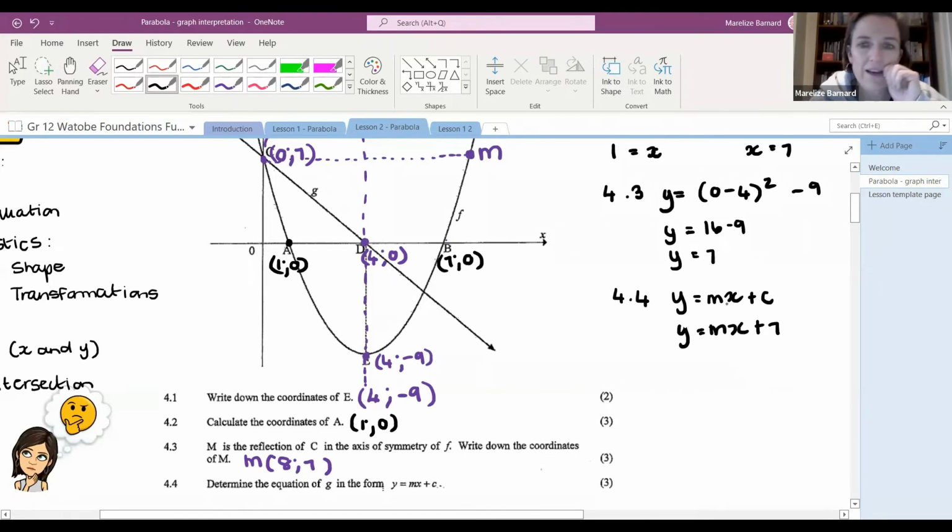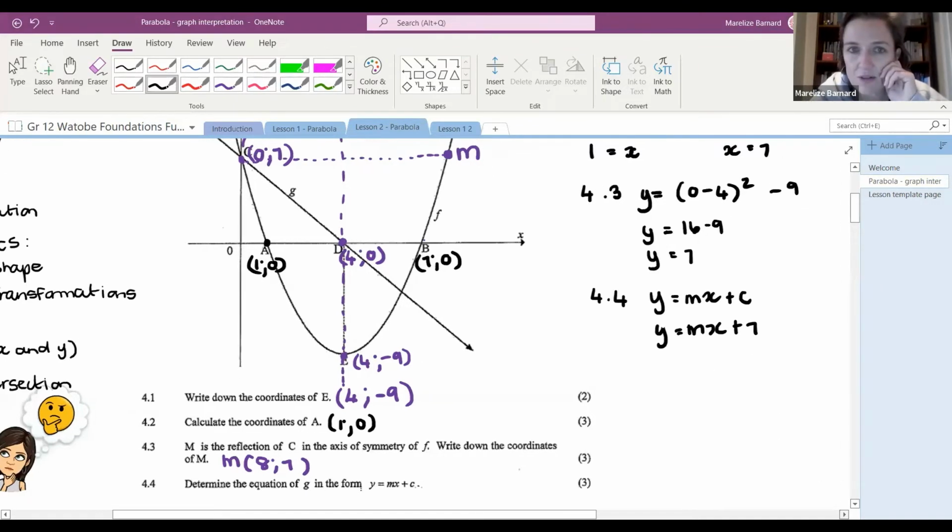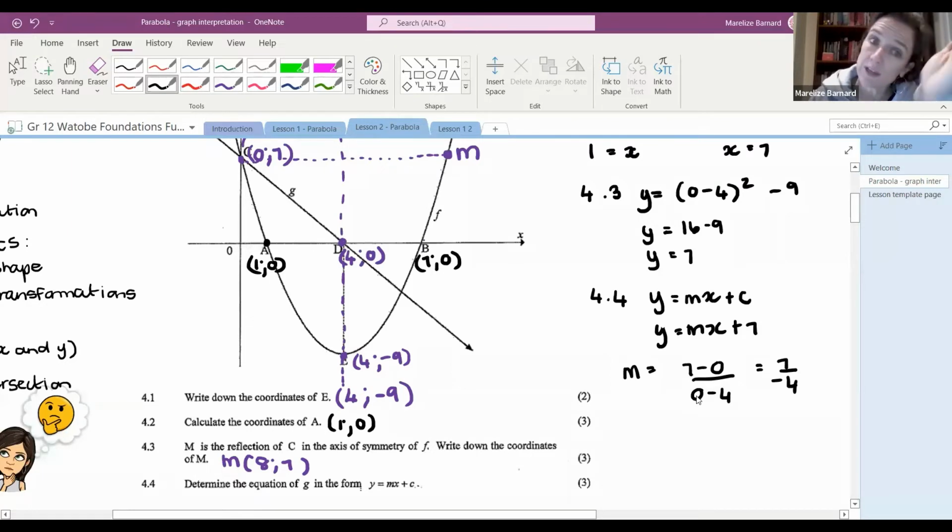And then we have a gradient that we can calculate using those 2 points. So gradient, I'm going to go 7 minus 0 over 0 minus 4 gives me a gradient of 7 over negative 4. So the gradient is negative, which makes sense because if you look at the line, it slopes in the negative direction.